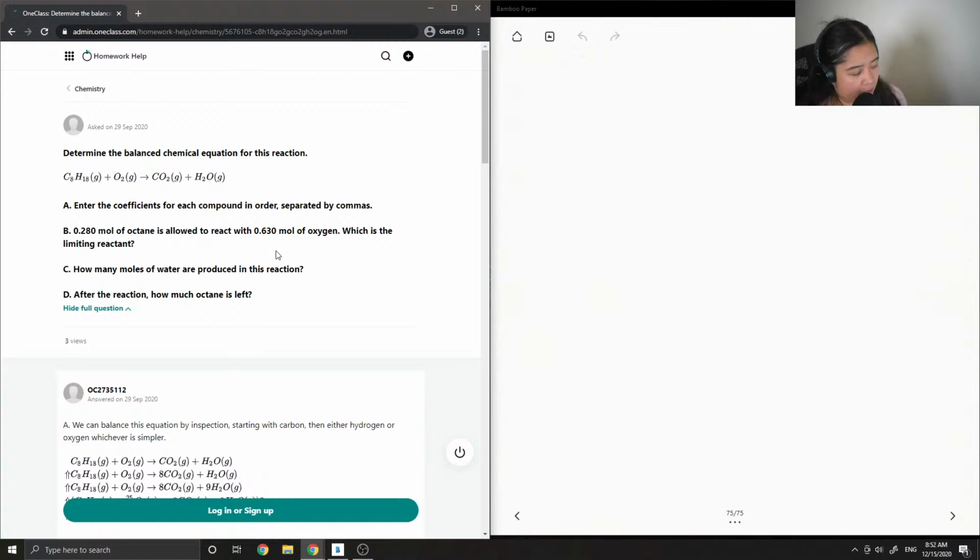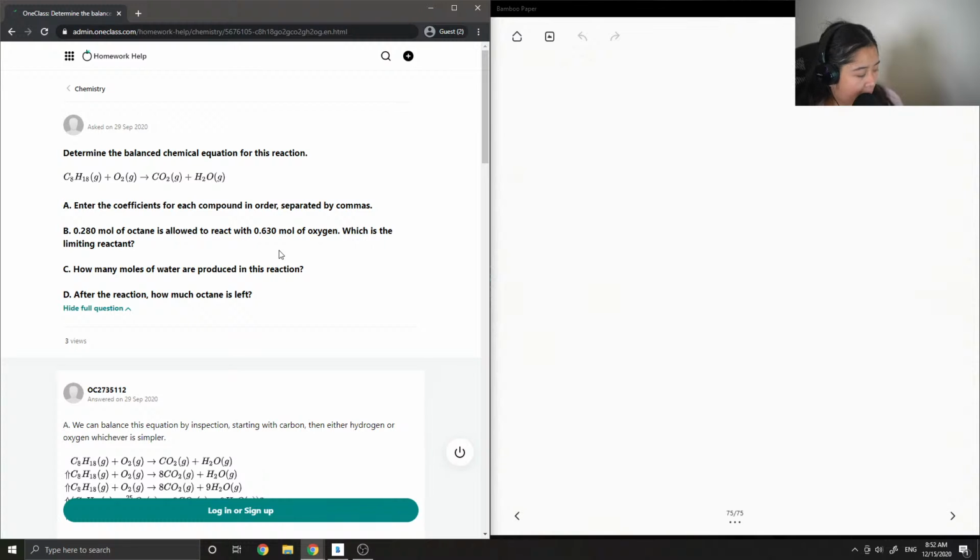Okay, so question 2 is a multi-step question. It says to determine the balanced chemical equation for this reaction. C8H18 plus oxygen makes carbon dioxide plus water. Part A, enter the coefficients for each compound in order separated by commas.